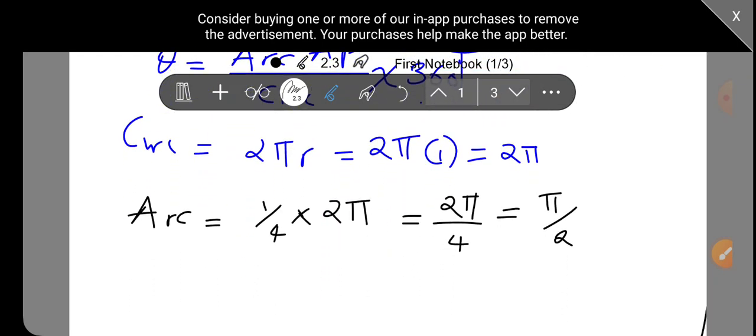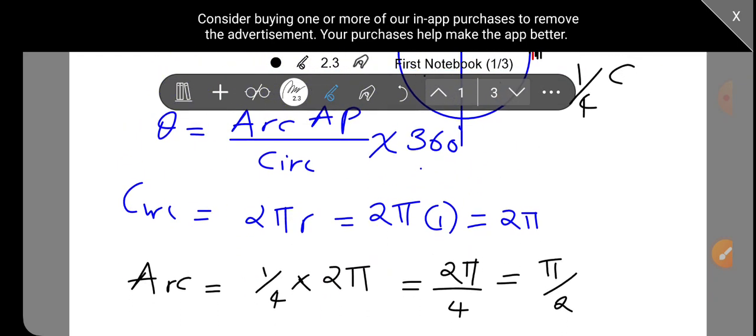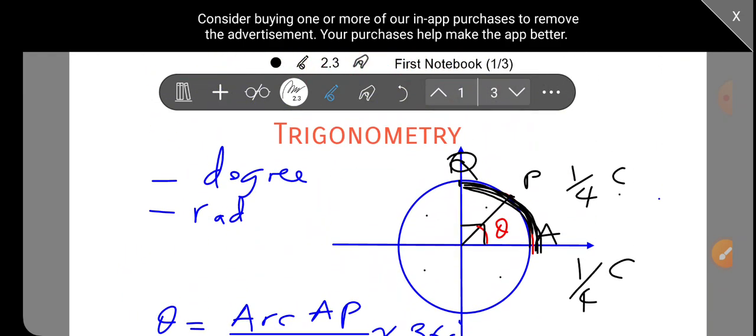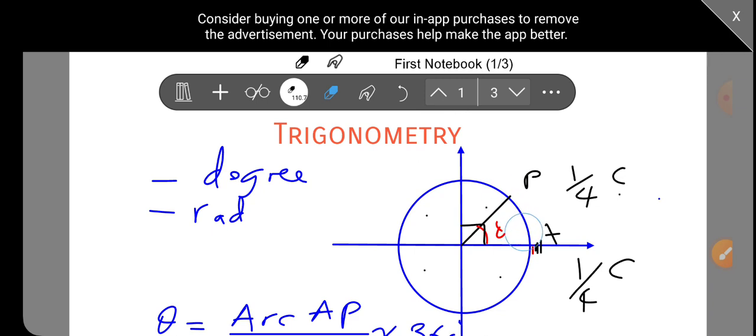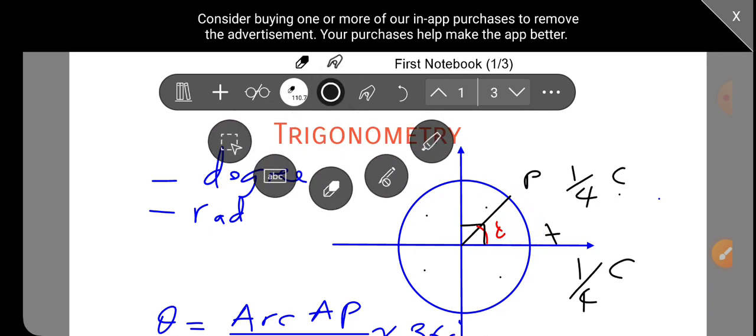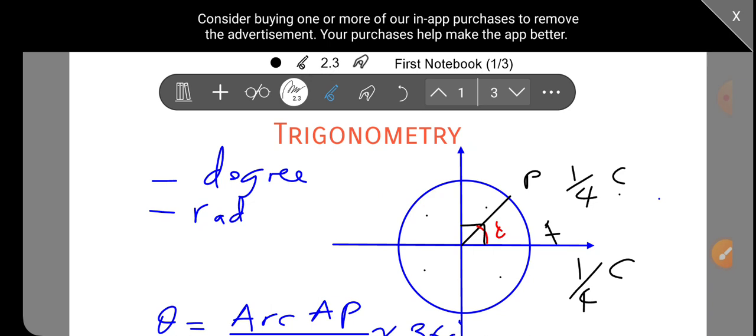Now, what I was trying to say is, what if my arc length is no longer at P, it's at Q? So it's kind of like I've shifted it. I hope you're still able to see, because this beginning is very, very important. So this is my point A, and this is, remember, my Q here.